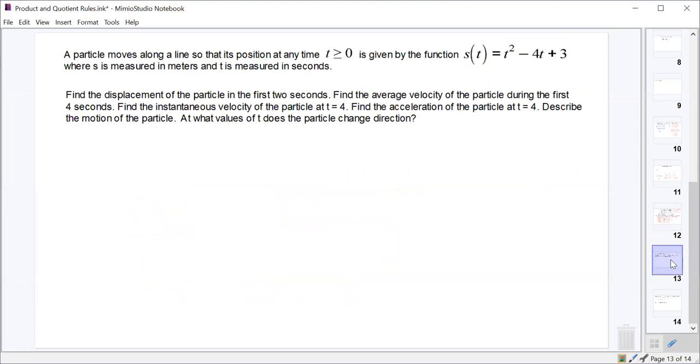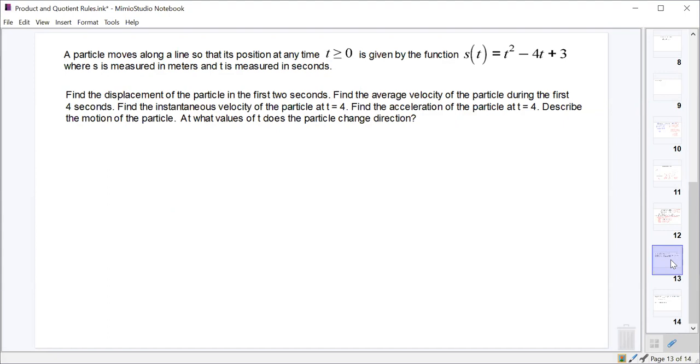Let's see if we can use these ideas about derivatives and the basic knowledge we hopefully have about displacement and velocity and averages to investigate how this particle is moving along a line. Its position at any time t greater than or equal to 0 is given by the position function s of t equals t squared minus 4t plus 3, where s is measured in meters and t is measured in seconds.